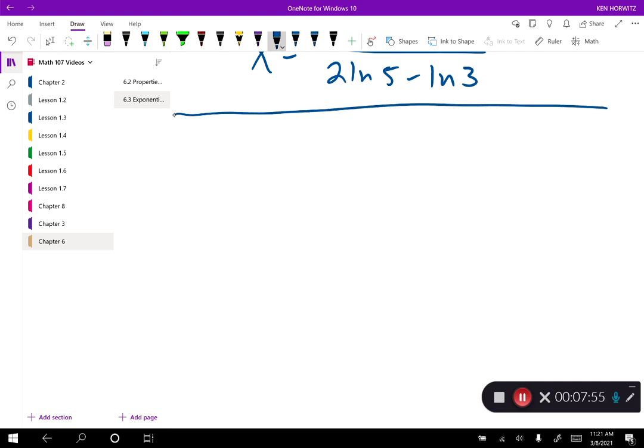What about something like this? 5 times 2 to the x minus 3 equals 17. All right, so on the right side, I have 17, which is a prime number. And on the left side, I have a base of 2. Doesn't seem like I can make like bases of any sort.